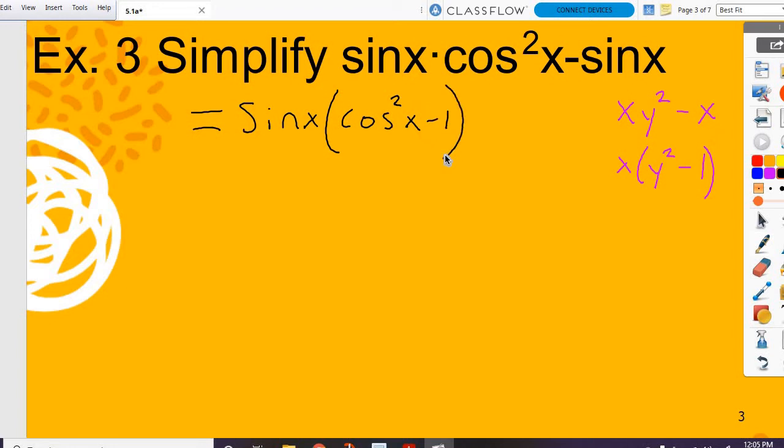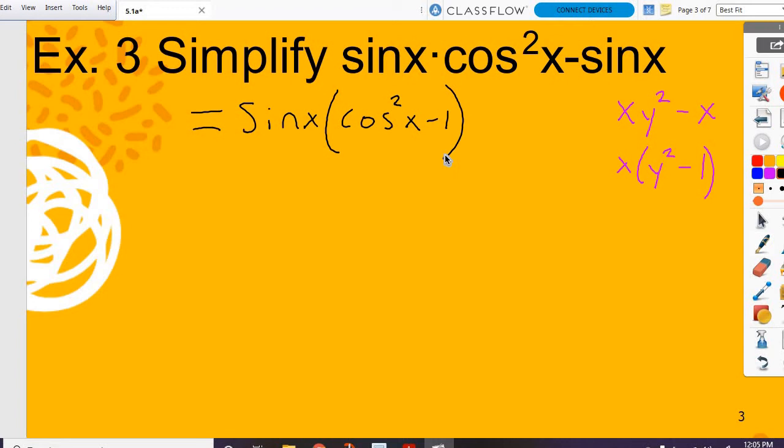Now, remember, the whole point of this is to be able to use our trig identities, right? Our trig identities are what's going to help us simplify. So from here, if we look at the inside of our parentheses, that is not one of our identities, but does it look similar to or close to one of our identities?